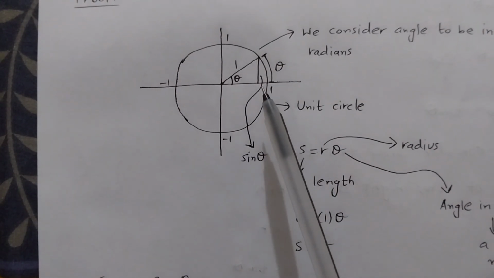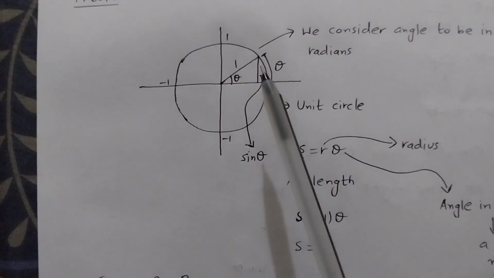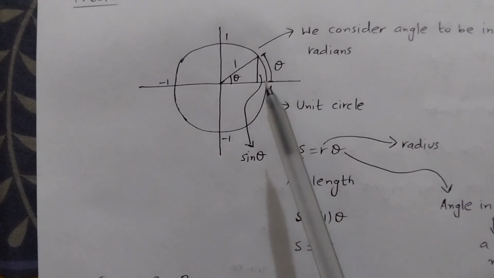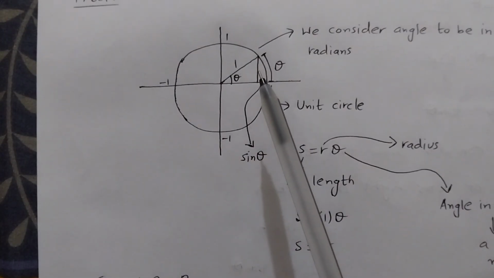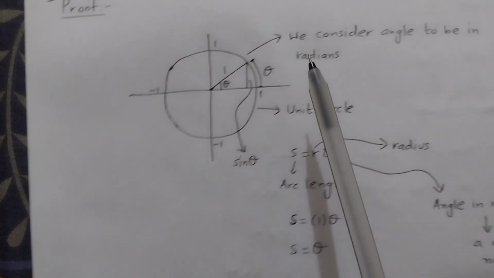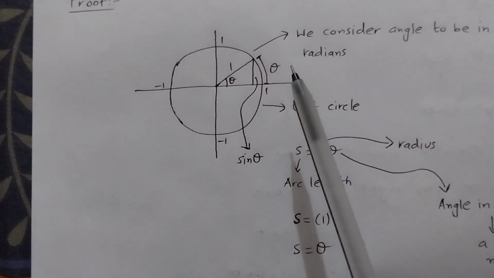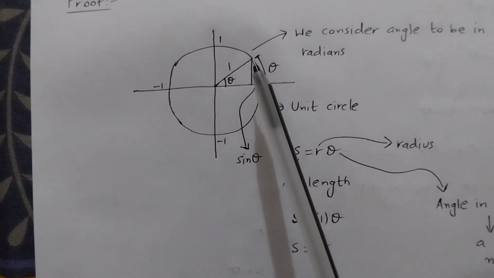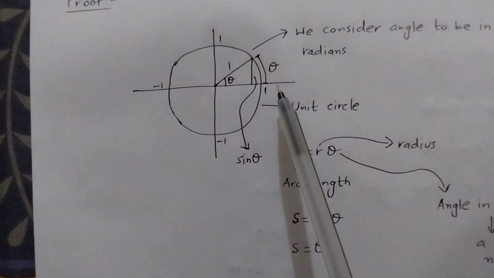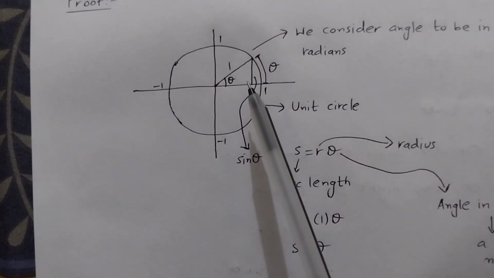So this curved length, or arc length, is theta, and this straight line is sine theta. And we can easily see that this straight line is smaller than this curved line. There's a theorem as well that the shortest distance from a point to a line is the perpendicular.